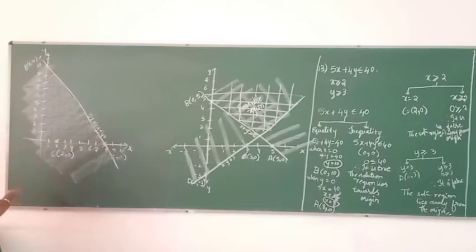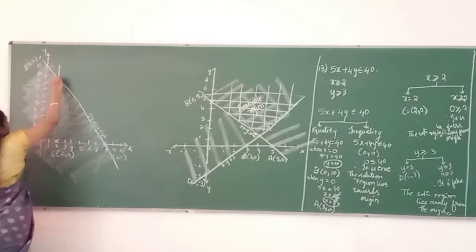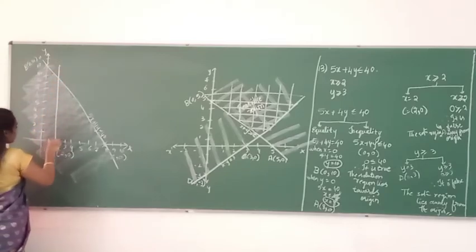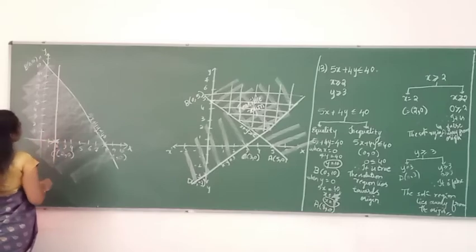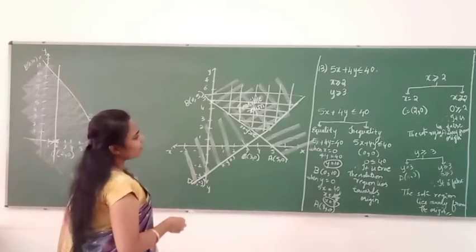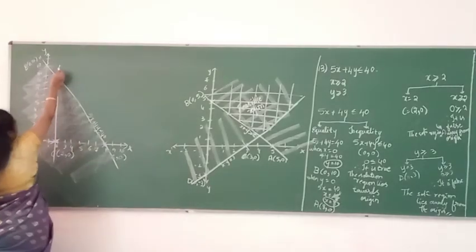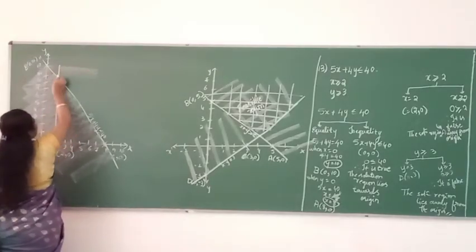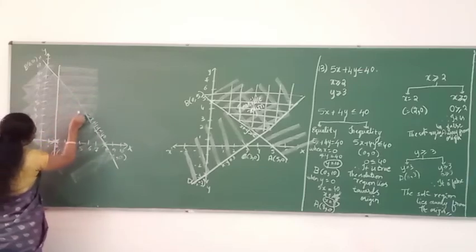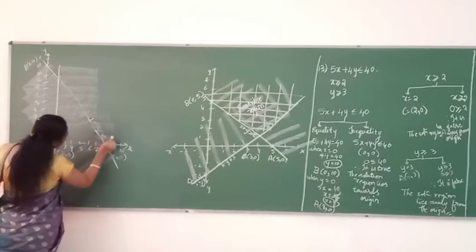Just check, it is also a bounded line. And it says that it is false and the solution region lies away from the origin. So if it lies away from the origin, it will be in this manner. I have already explained, when it is towards the origin, which side you are taking, and when it is away from the origin, which side you need to take.